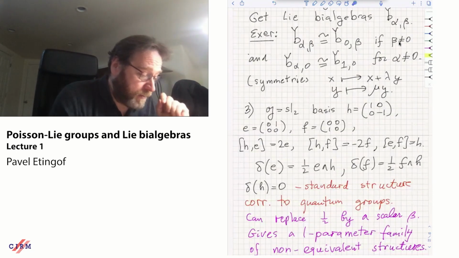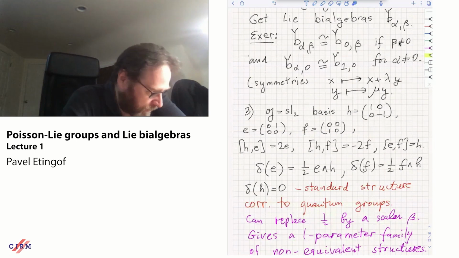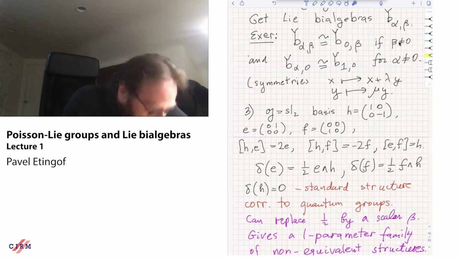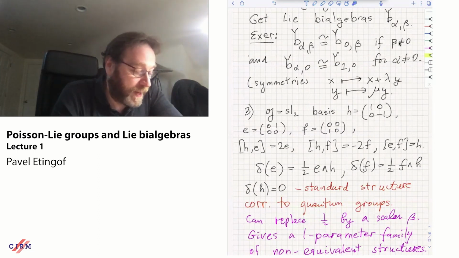Then a more interesting example, which is really the simplest prototypical example, is the Lie algebra SL2.